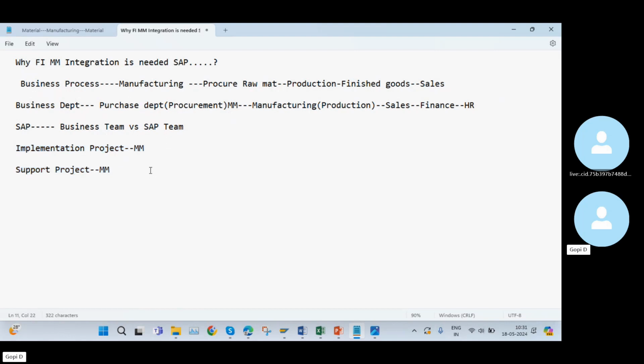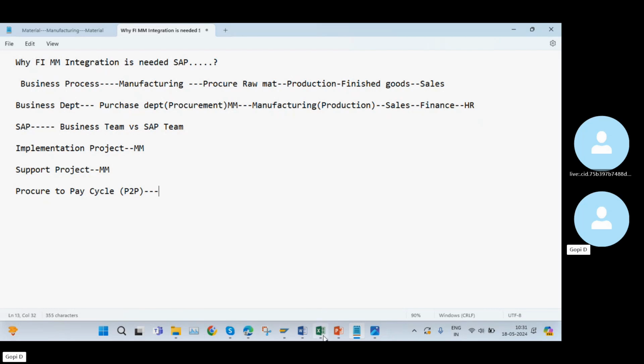Again, if you go to the procurement cycle, it is called the procure to pay cycle. In our interview, we cannot expect an interview without this question; in 90 to 99% of cases we get this question. So in this session, I will try to explain the procure to pay cycle.